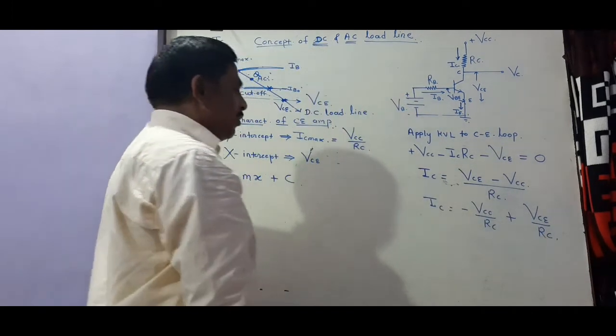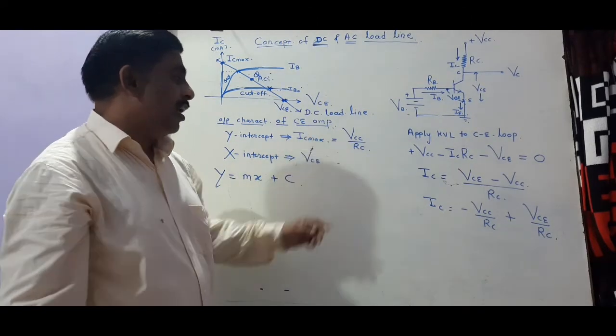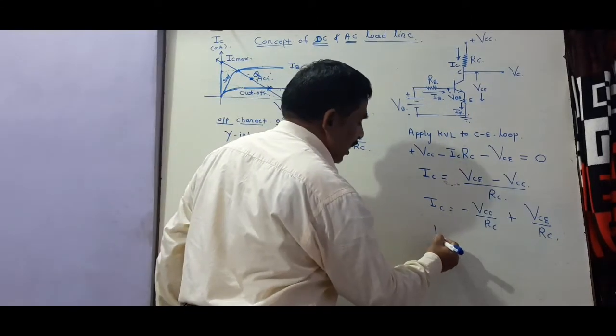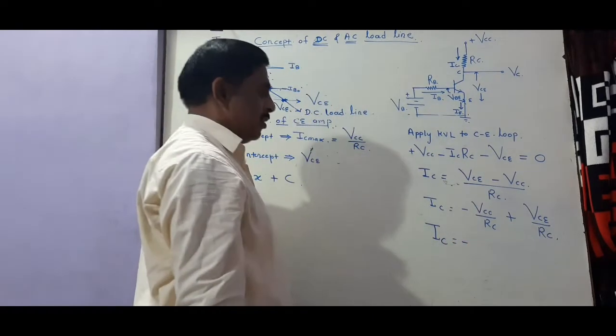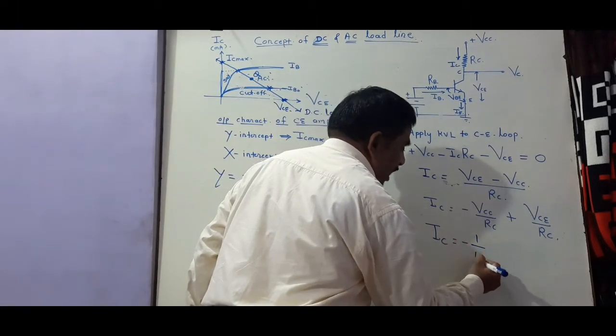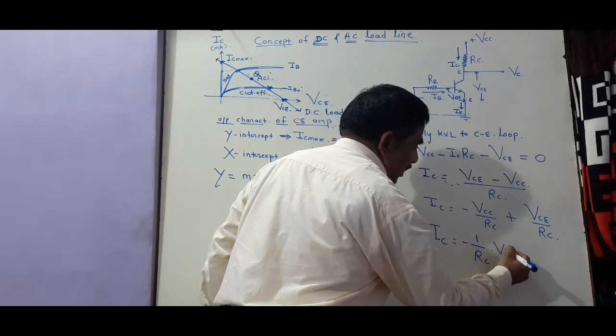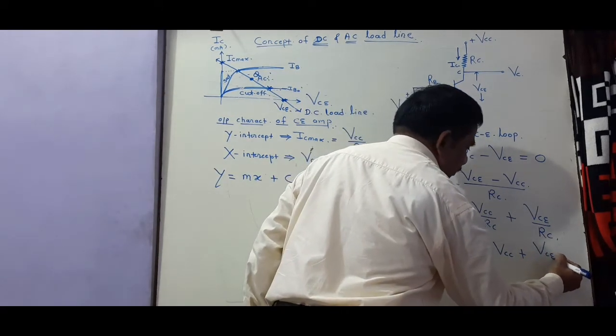That is, IC is equal to minus 1 upon RC into VCE plus VCC upon RC.